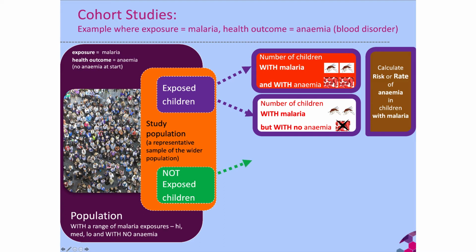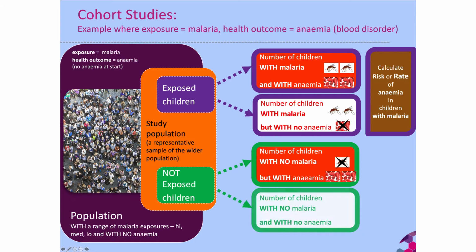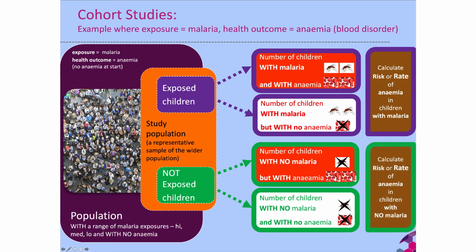And we can do the same with the not exposed group of children. We can find out the number of children with no malaria but with anemia, and the number of children with no malaria and with no anemia. And we can calculate the risk and rate of anemia in children with no malaria.